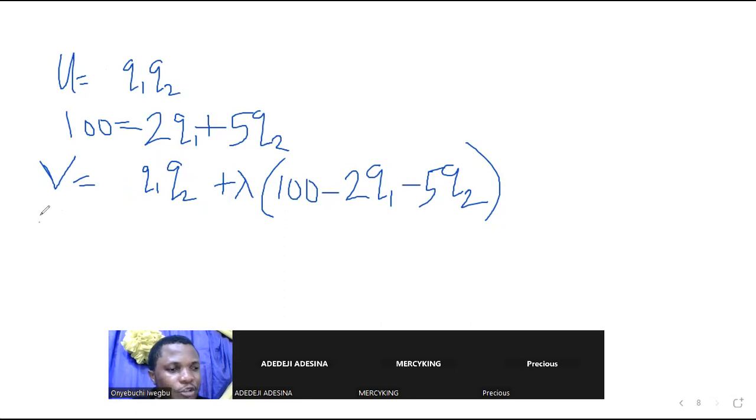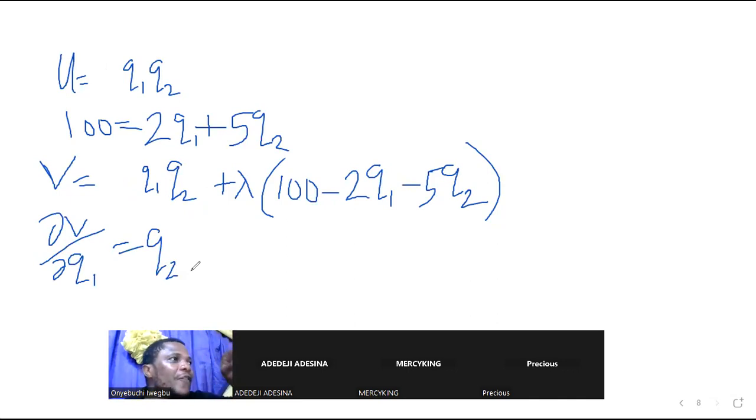All right. So I will take dV/dQ1. If I differentiate this now with respect to Q1, what will I have? Q2. Because this is now a function, it's not implicit. That's why I'm not having F1. That F1 now here is Q2. So if, for example, here is Q1 to the power 0.5, you just differentiate this function with respect to it, and 0.5 will come down, 0.5 minus 1.